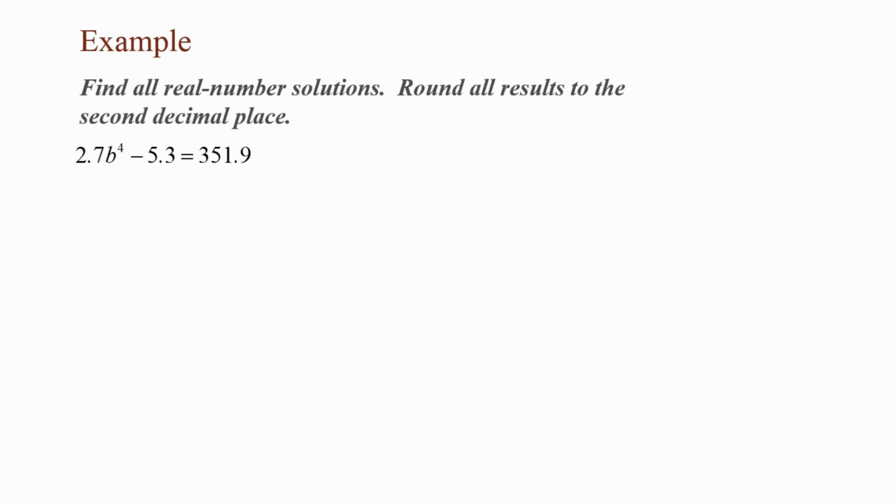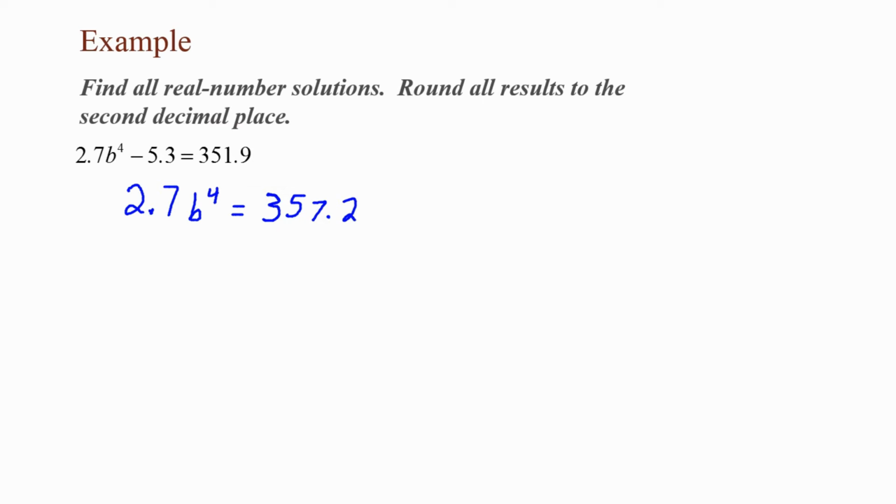Find all real number solutions. Round all results to the second decimal place. 2.7 b to the fourth minus 5.3 equals 351.9. First thing we need to do is isolate b to the fourth. Subtracting 5.3 from both sides, I have 2.7 b to the fourth equals 357.2.